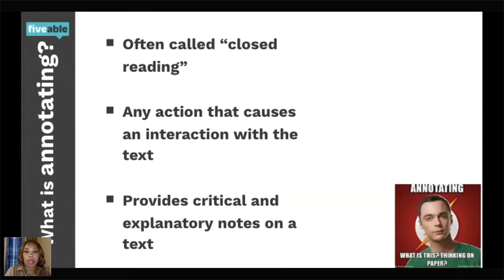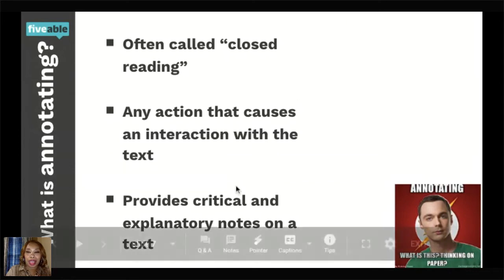I will share some things I've seen students do which I didn't think were effective, but turns out it was effective for them. And someone in the chat responded that it provides critical and explanatory notes on a text. Very good. That is what annotating means.